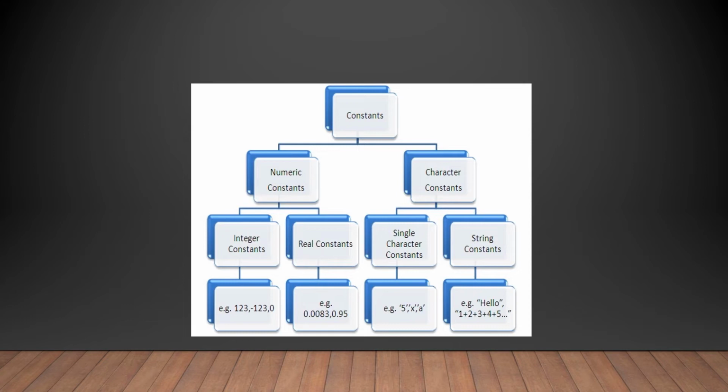And single characters: we have already seen in the data types that each character occupies one byte. Single characters are always enclosed within single quotes. When a group or sequence of characters is put together, we call it a string. We can even have string constants, and string constants are written within double quotes. So these are some of the constants supported by the C language.